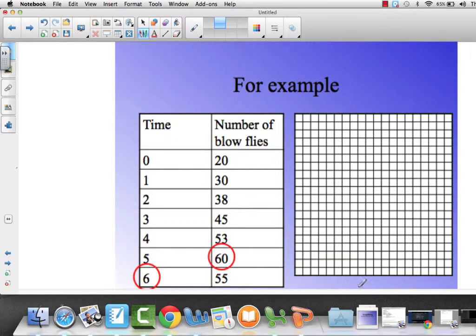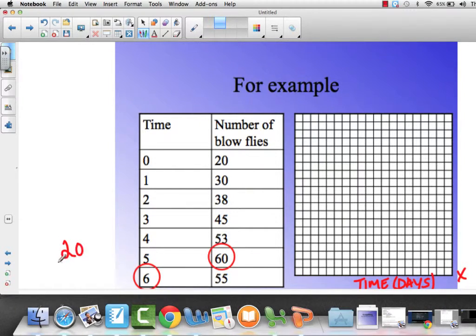So we already said that time was over here on the x-axis. So I'm just going to put this in over here. Time and days. You're just watching right now. My highest number is 6. I'm going to count my boxes. 1, 2, 3, 4, 5, 6, 7, 8, 9, 10, 11, 12, 13, 14, 15, 16, 17, 18, 19, 20. So my large, I got 20.